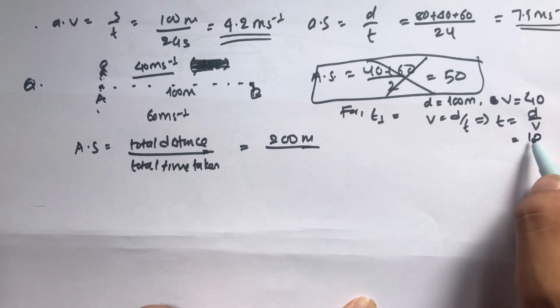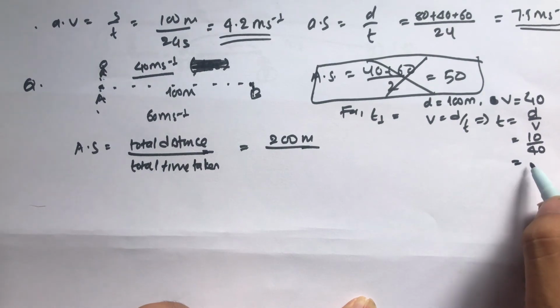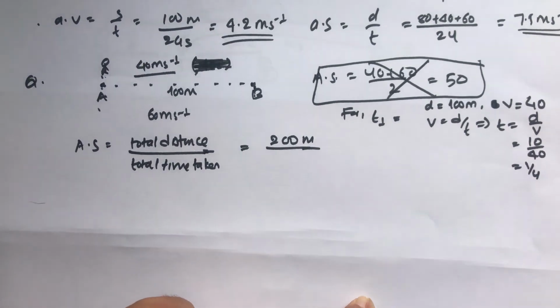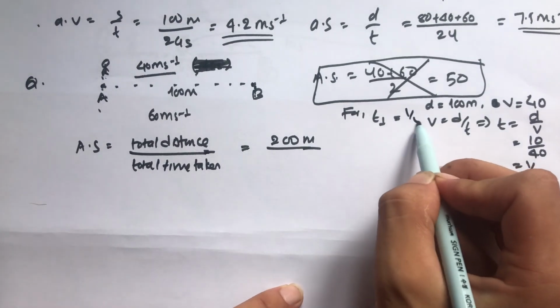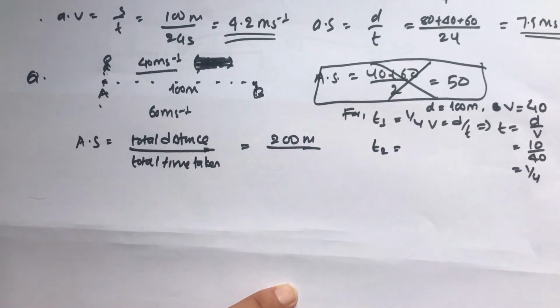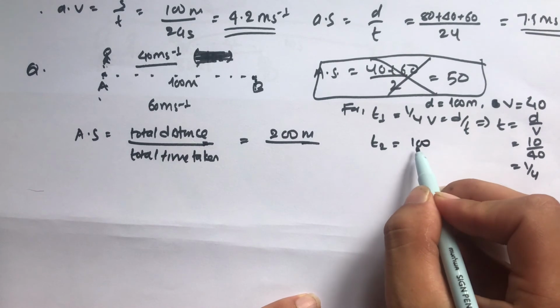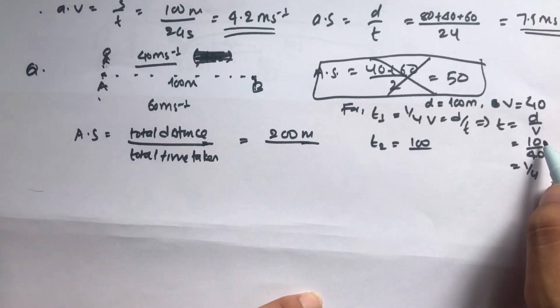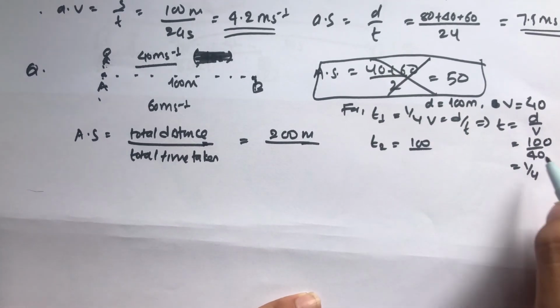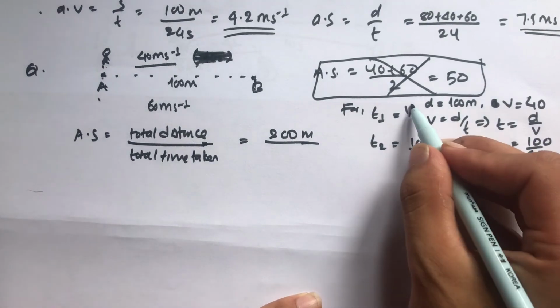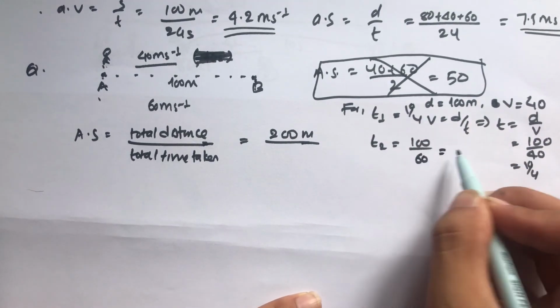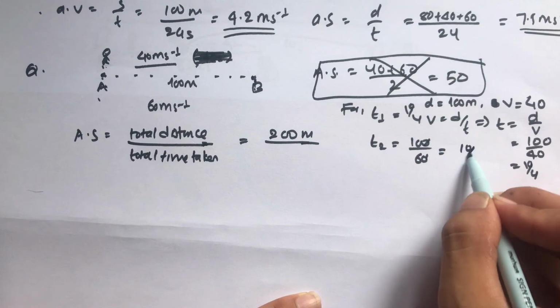So 100 by 40 would give me 10 by 4. So I'm going to put t1 equals 10 by 4. Similarly, t2 equals 100 by 60, which would give me 10 by 6.